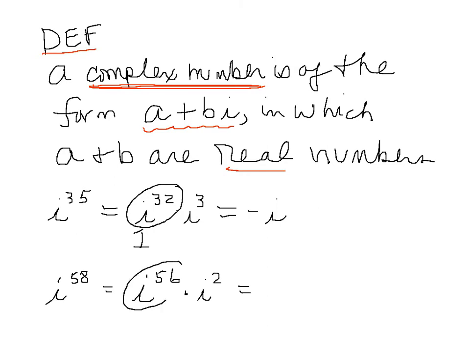So this is just going to be 1, and then I have i squared, which is minus 1. So that's how powers of i simplify. They'll always be 1, minus 1, i, or minus i. Kind of fun to play with them. And the whole trick here is to always get them so that we have not a multiple of 4. And i to any number which is a multiple of 4 will be 1.